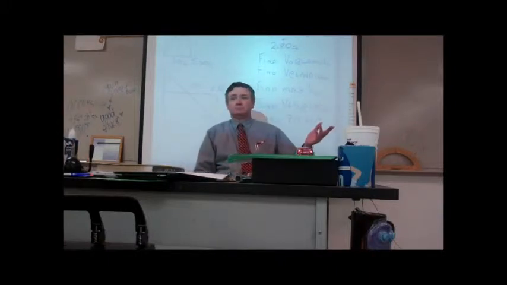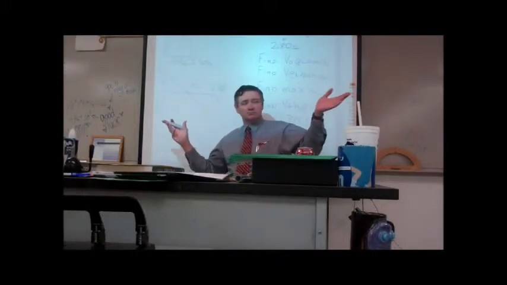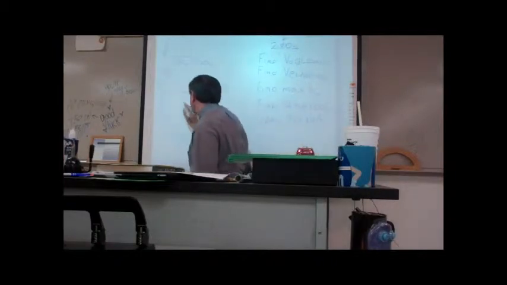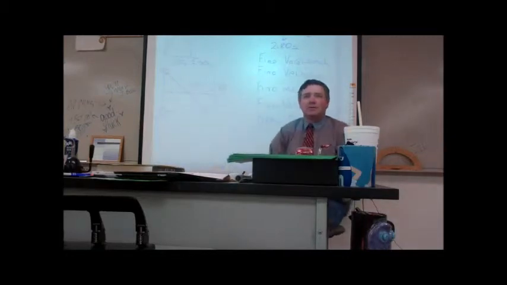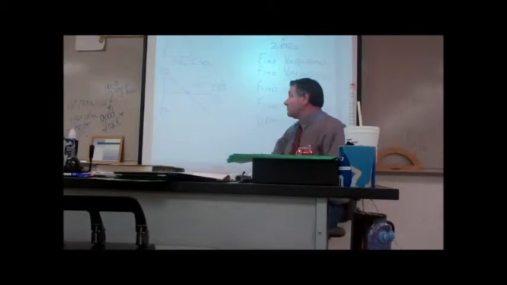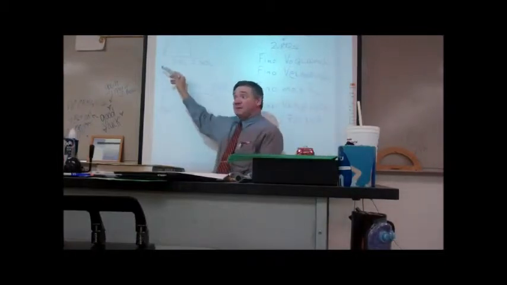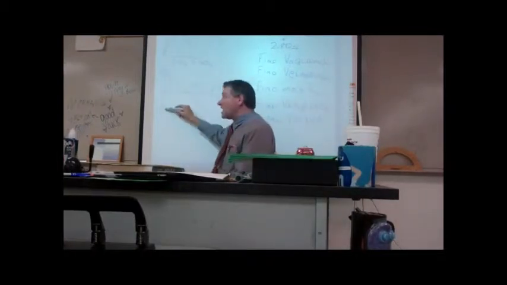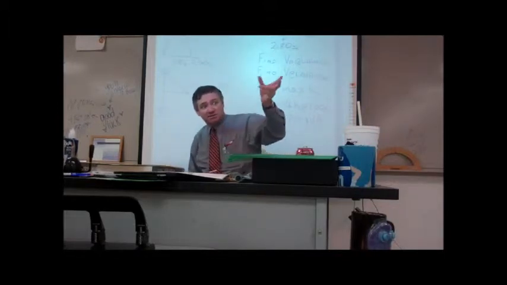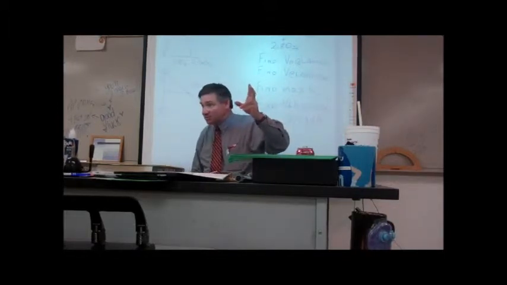Good so far. Okay? Old school. Nothing new. How is this point going to relate to that point? It's going to be the same number, but opposite signs. Which means this is going to be speed. They're both going to have the same speed, but they're not going to have the same velocity because the velocity is going to be in opposite directions.